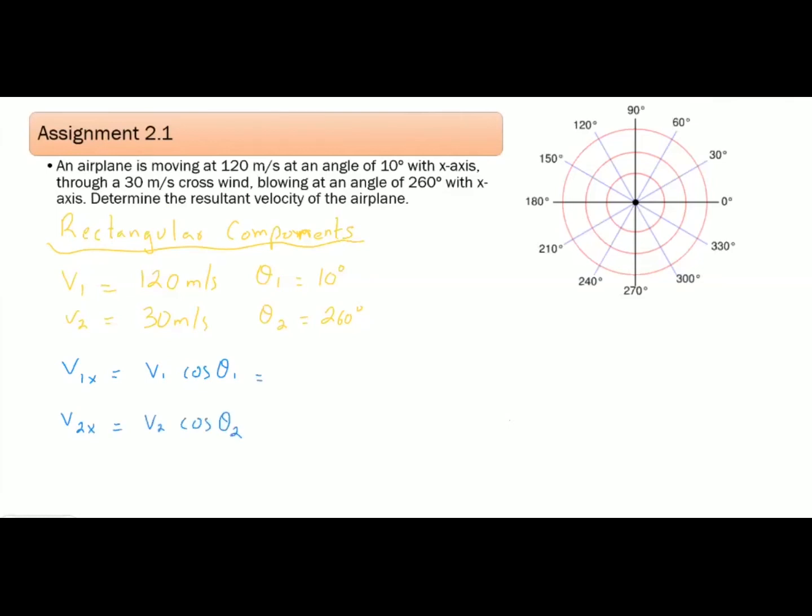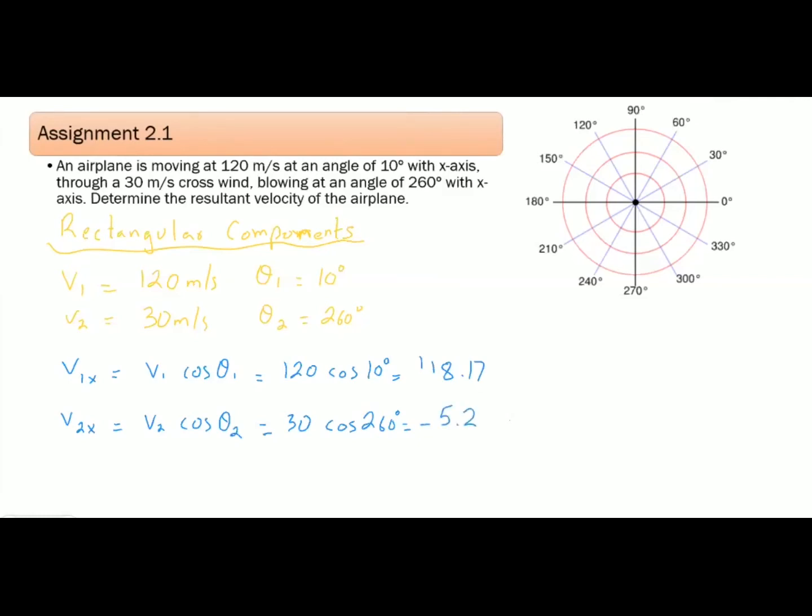Dear students, now substitute the values and try to get the answer. 120 into cos of 10 is equal to 118.17, while v2 cos theta 2 is 30 cos of 260 degrees.